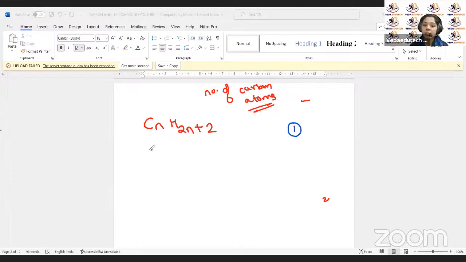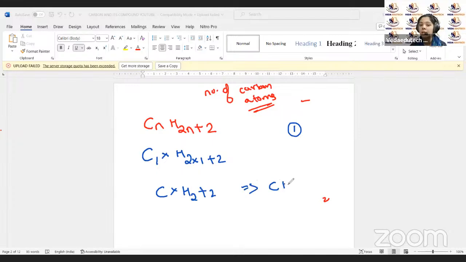So for one carbon atom, C1, H, 2 into 1 plus 2. So C is 1, and 2 ones are 2, plus 2. So it makes CH4. And CH4 is methane.